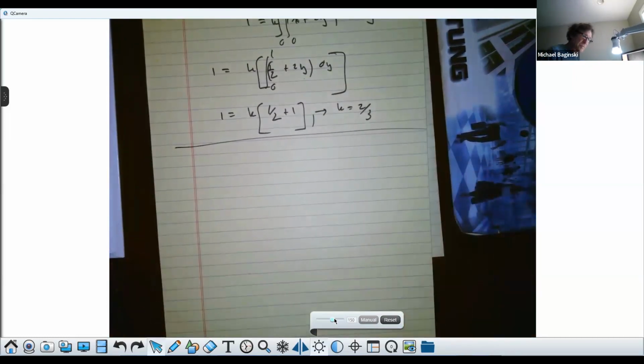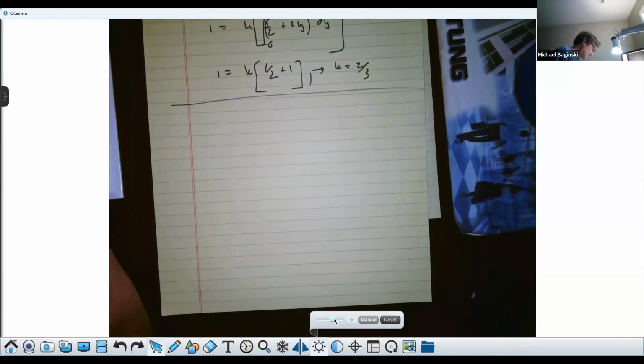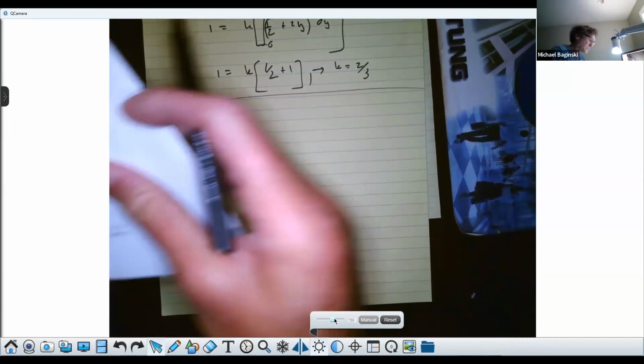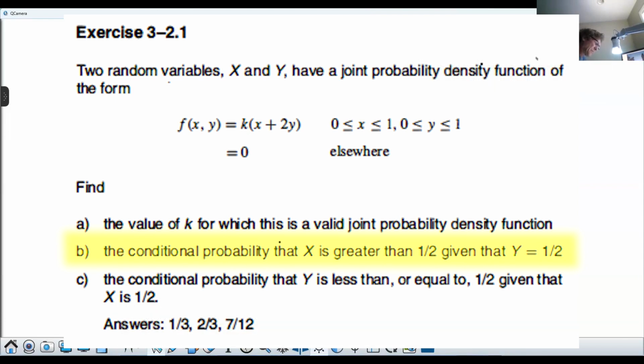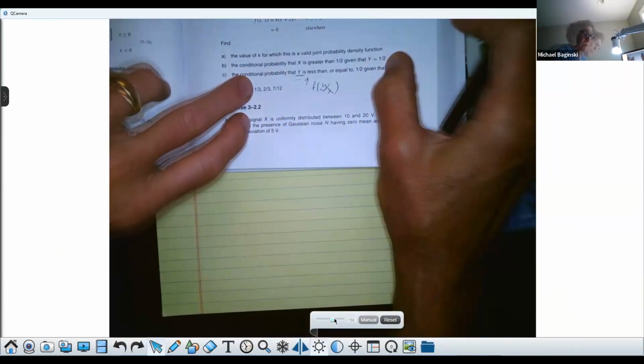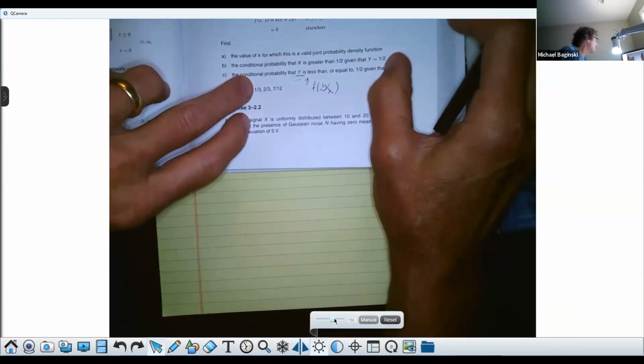All right, next, he asks for the conditional probability that x is greater than 1/2 given y is 1/2. So first thing I'm going to do is get the conditional probability density function.